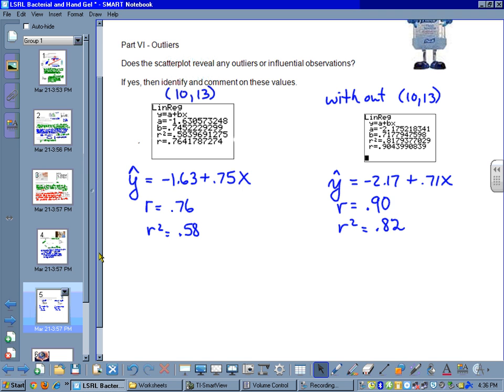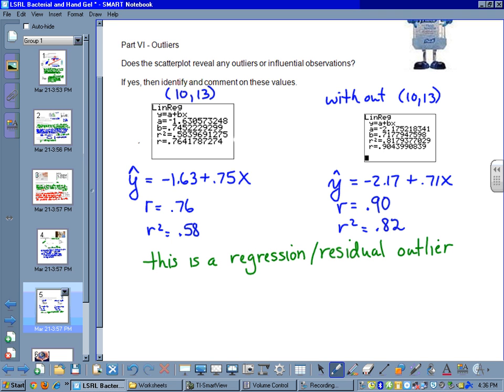So, because it changed the R values more significantly than it did the slope and the intercept, I'm going to claim this is a regression / residual outlier for two reasons. Number one, it had a big residual, so it was in the middle of the data set and it was far away from the line.